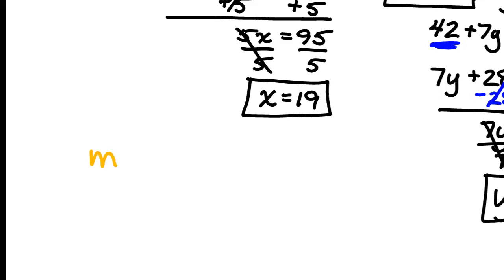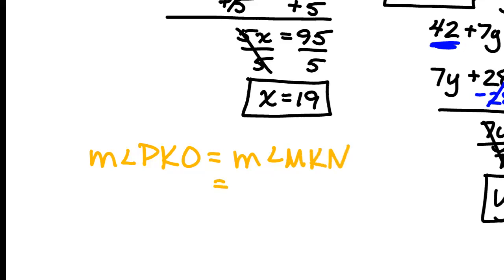So I have the measurement of angle PKO is equal to the measurement of angle MKN. That was 3x minus 15. We know that x is 19. So 3 times 19 minus 15.